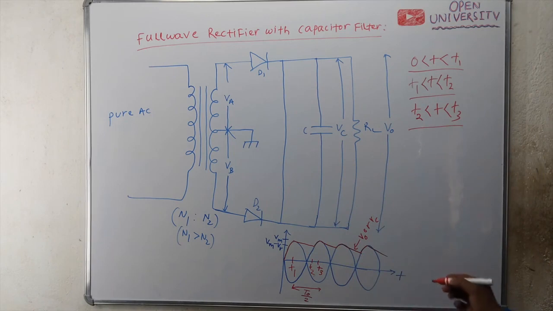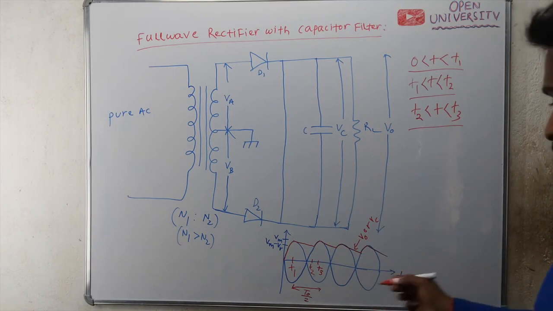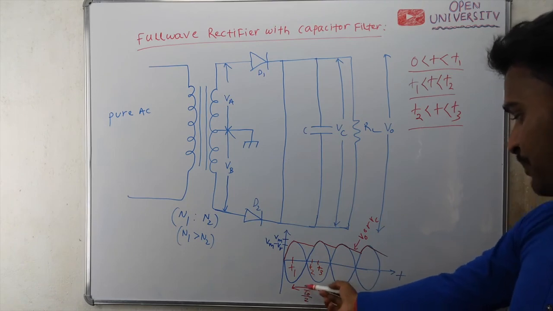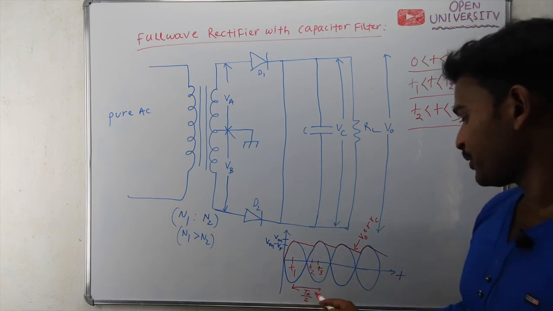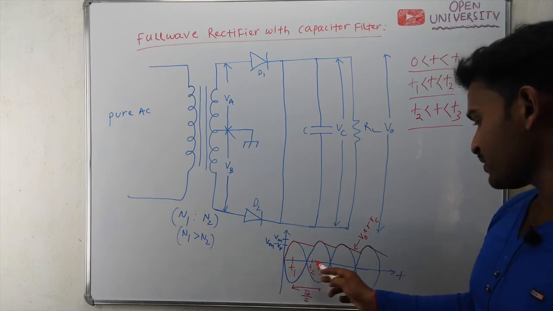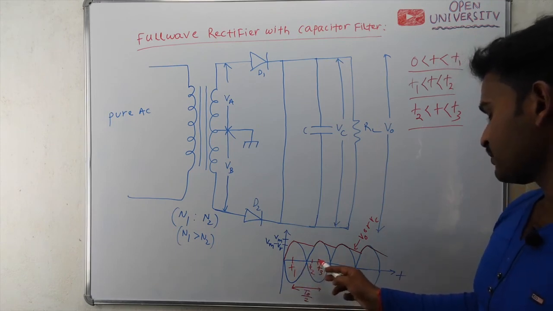So you can write that in half time period, T0 by 2, the capacitor will discharge once and charge once.